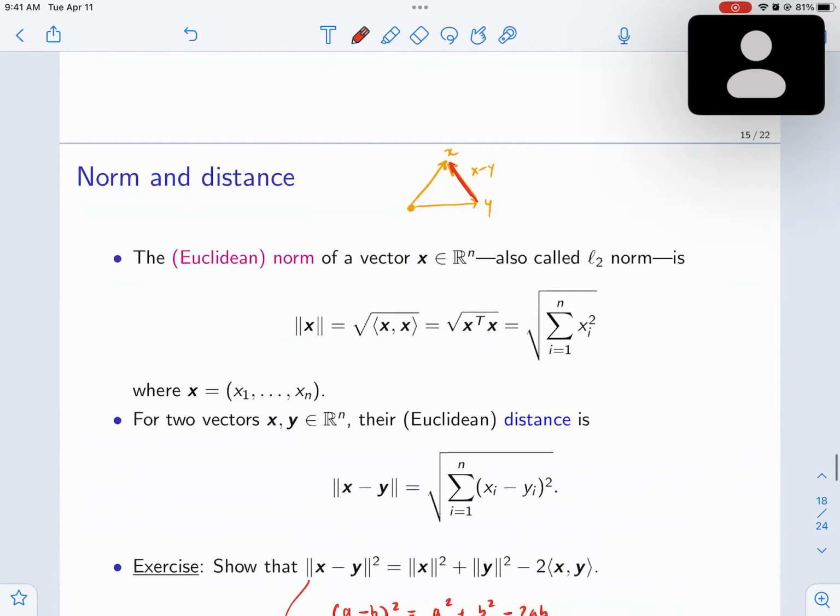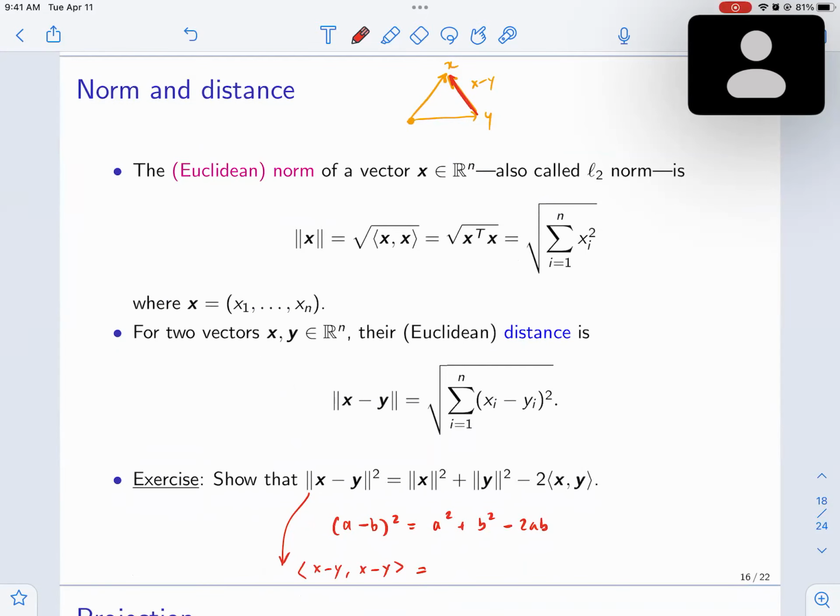Okay. Then we define the norm. So based on an inner product, you can define the norm of a vector as the square root of the inner product of that vector with itself. If you expand it, it's basically the root of the sum of the squares of the elements of X. And so this norm is intuitively the size of a vector.